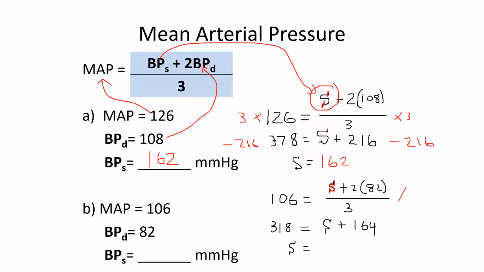So when we do that, we get 318 equals the systolic pressure, funny looking S here, plus 164. So to get S by itself, we subtract 164 from both sides. And then the systolic pressure is 154. Plug and chug to solve for the missing variable. In this case, your systolic pressure.